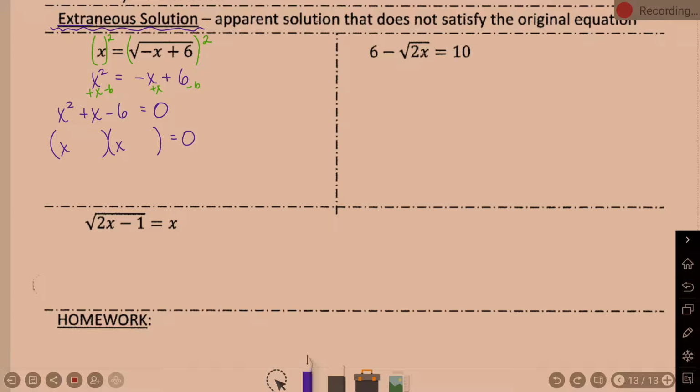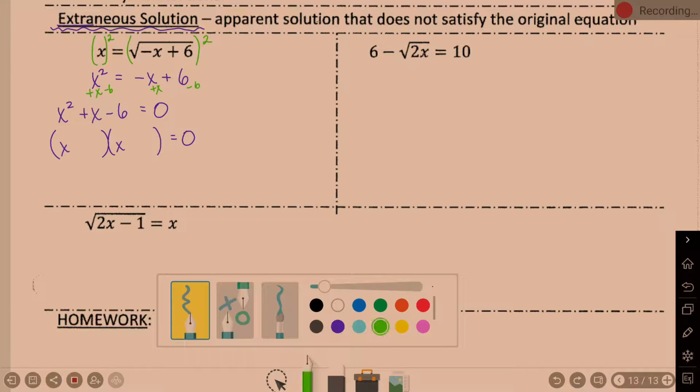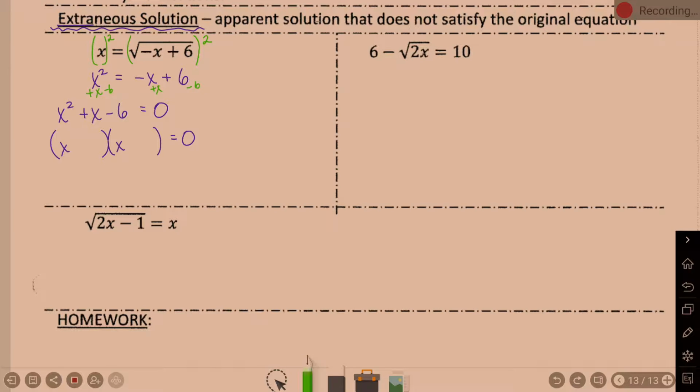How do we determine the numbers? Think in terms of product and sum. 2 numbers to give me a product of the negative 6, so the C value, and a sum of, what's the number in front of x? 1.